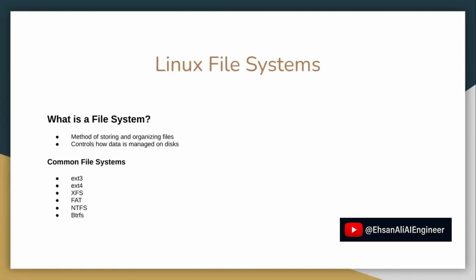XFS is widely used in enterprise environments because of its scalability. Btrfs provides advanced features such as snapshots and compression. Linux can also access non-native file systems such as FAT and NTFS, which are commonly used by Windows systems. Choosing the correct file system depends on performance, scalability, reliability, and business requirements.